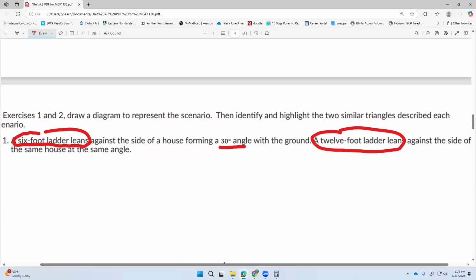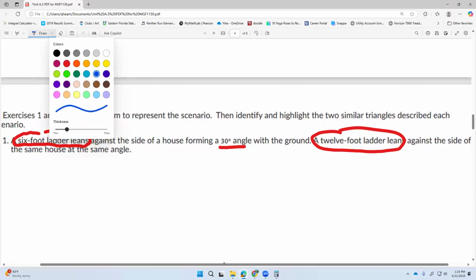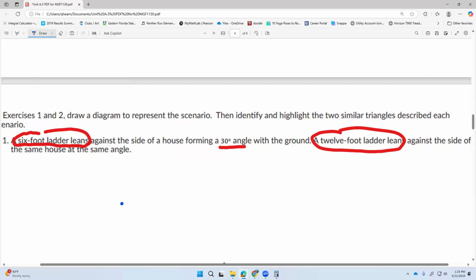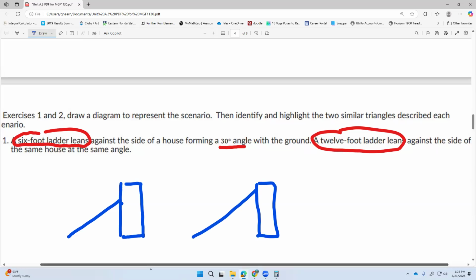Now, when I work these in class, I have students do a variety of things, and they're not wrong. Some students think of drawing one ladder leaning against the house on one day, and then here's the house on another day with a different ladder leaning against it.